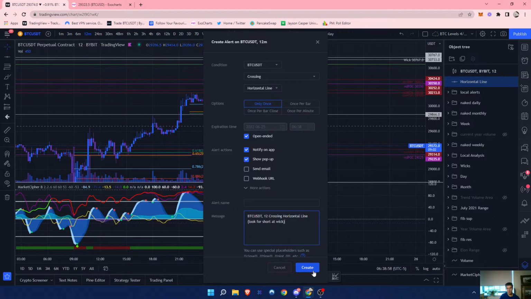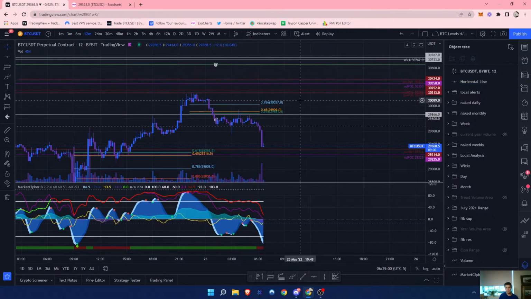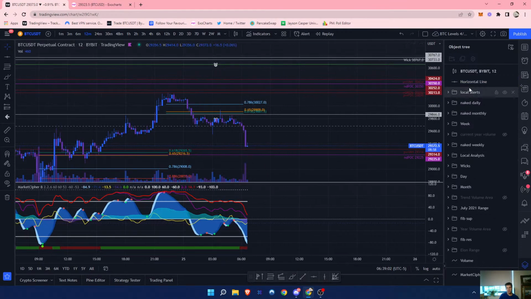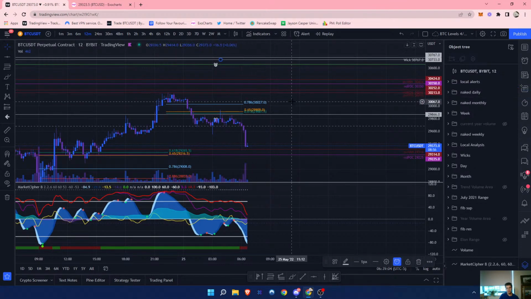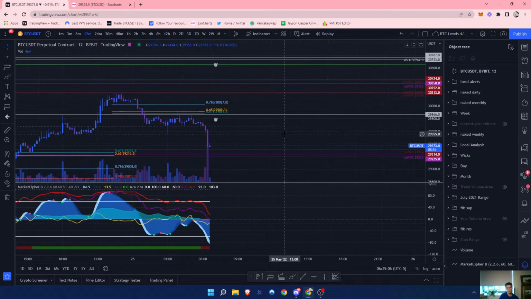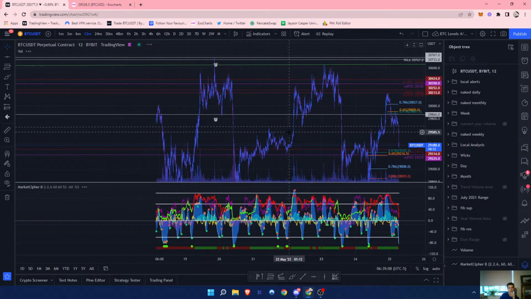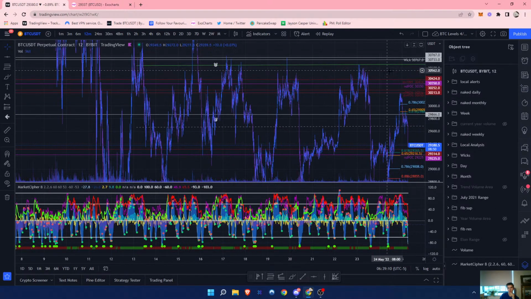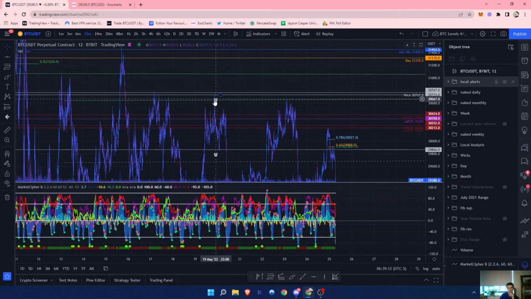And then this will be a 1-minute time frame scalp. So again, I'll just add that to my local folder. And again, we're just grabbing the highs from this kind of deviation, or we might grab the highs from here.